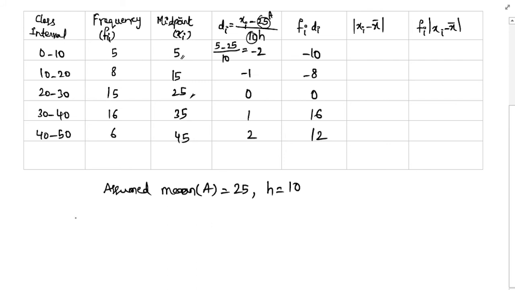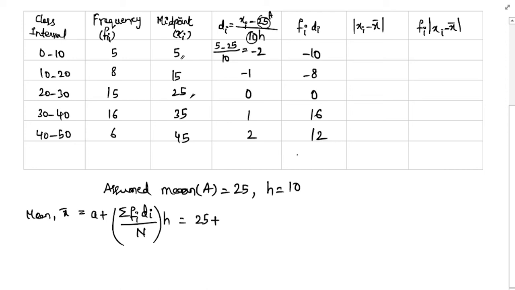So the mean, that is x bar, is equal to a plus summation of fi di divided by n, into h. This is the formula. So we'll substitute 25 plus summation of fi di.